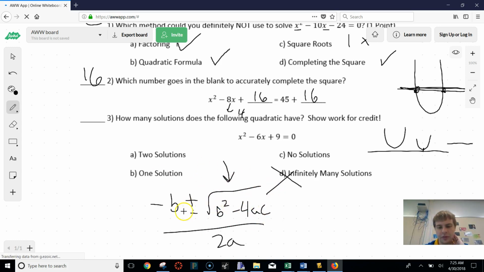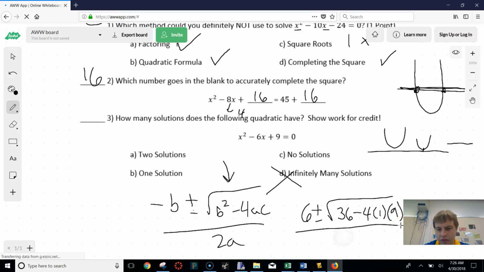I'll write the rest in, but we'll stop early. So we would have 6 plus or minus the square root of 36 minus 4 times 1 times 9, all over 2. Now again, I really don't care about this outside stuff. I care about what's going to happen inside the square root.